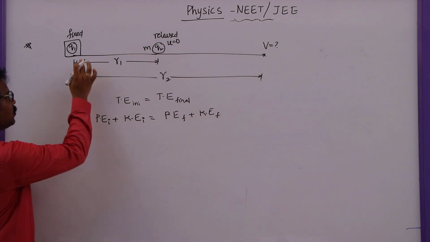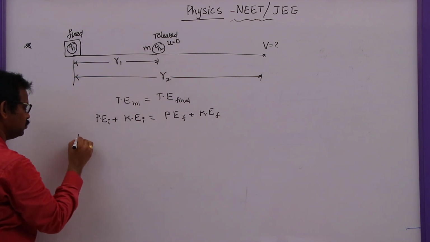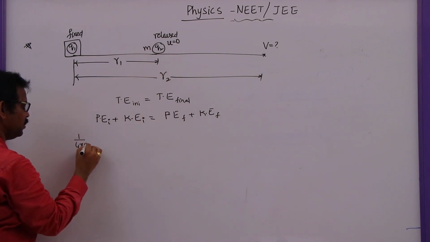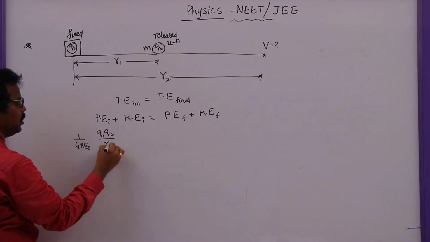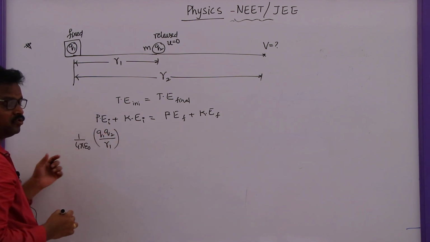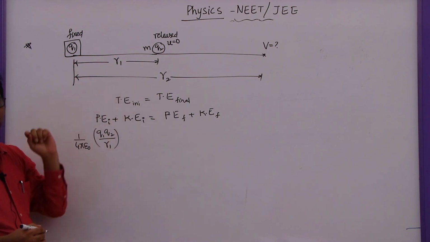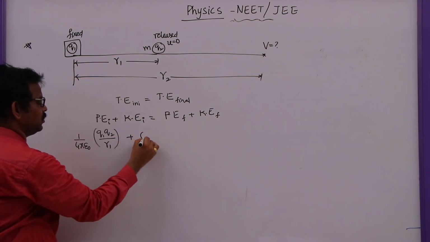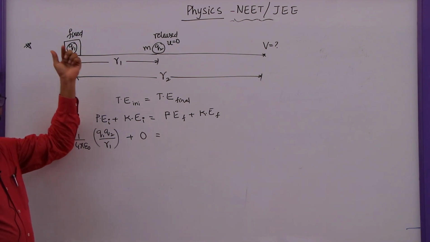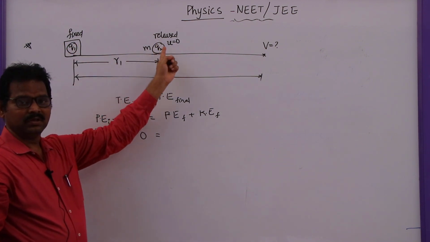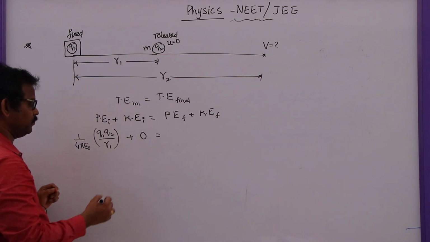What is the initial potential energy of these two, which is given by 1 by 4 pi epsilon naught q1 q2 by r1. This is the initial potential energy of the system of two charges, and the initial kinetic energy of the system is 0, because as the first one is fixed its velocity is 0, and the second one is released, which means it is also at rest.